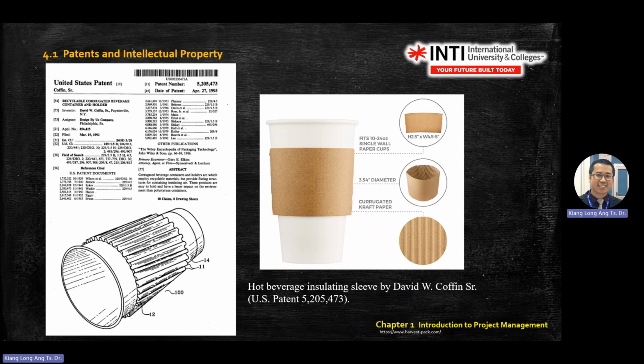Even though this one doesn't look like this, this one is an insulator to protect your hand or the user from the hot water. This one is linked with this patent, although they don't look the same, the function is the same. So people can sue you for using this design by referring to this patent. Although it doesn't look the same, the application is the same.